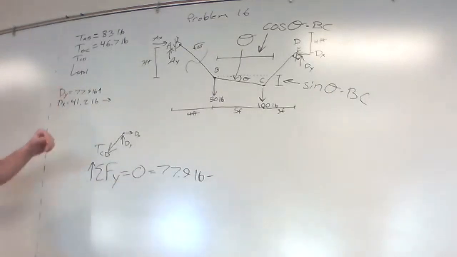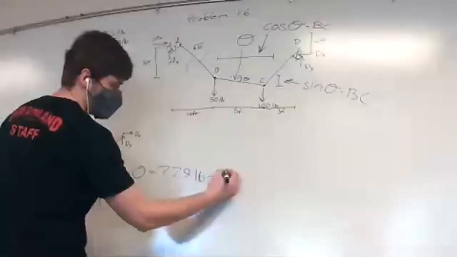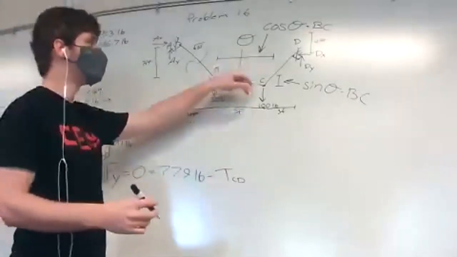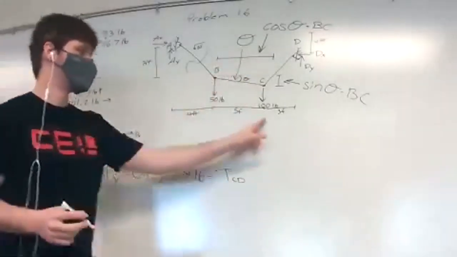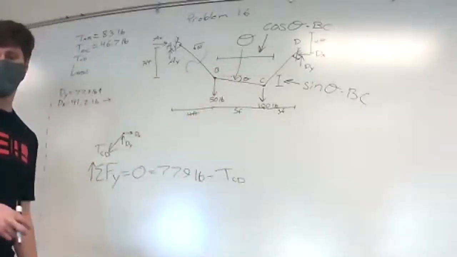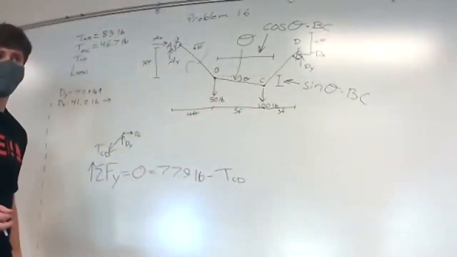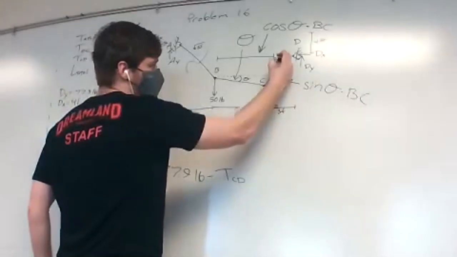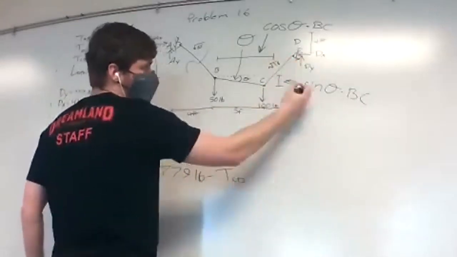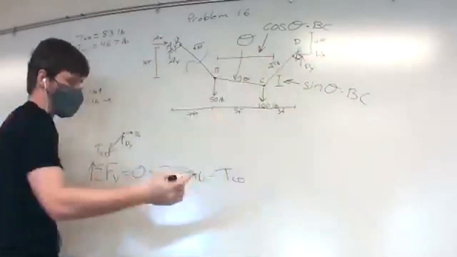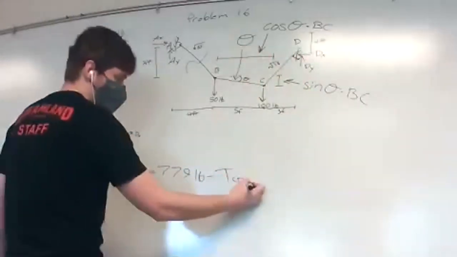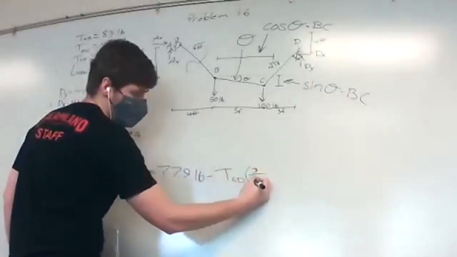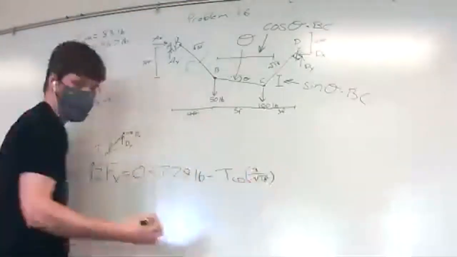So minus TCD times the y component ratio. CD, we know the height is 3 feet, and we know the x distance is 3 feet. So this distance is going to be square root of 3 squared plus 3 squared, that's 9 and 9, add them together, square root of 18. So our y component ratio is going to be 3 over square root of 18.